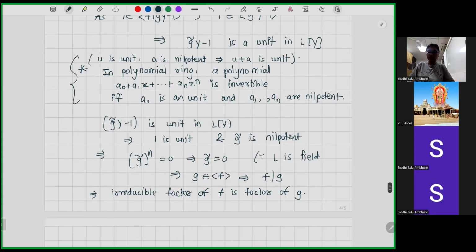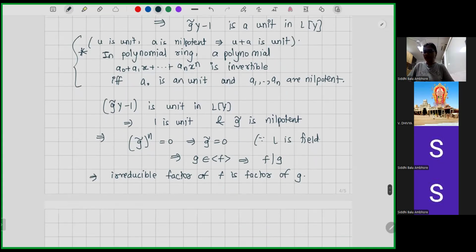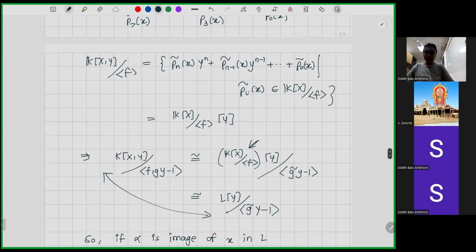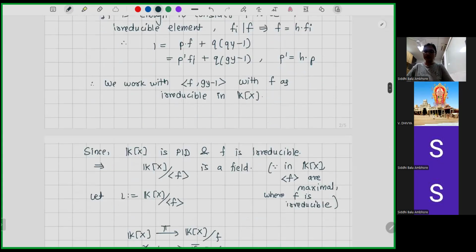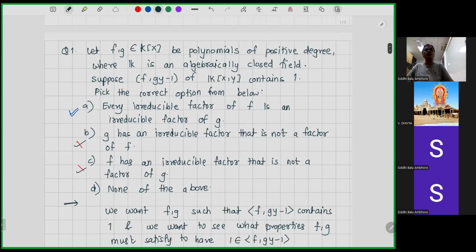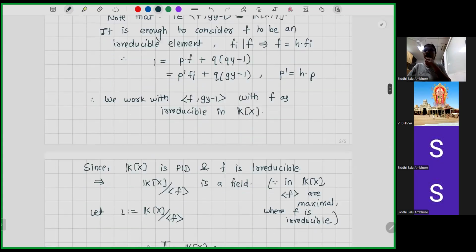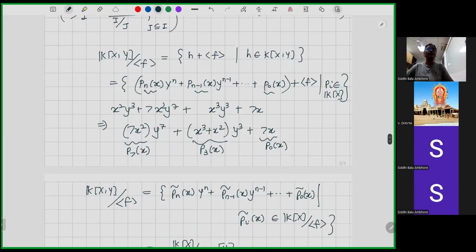You can check this. Using this we get that since f divides g, the irreducible factors match. And that's what the first option was, that every irreducible factor of f is an irreducible factor of g. No doubt? Okay, great. We will now move ahead.